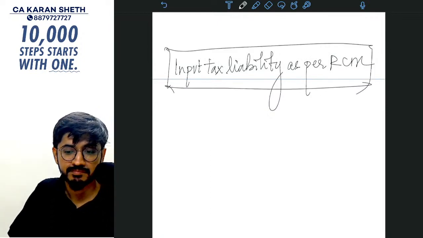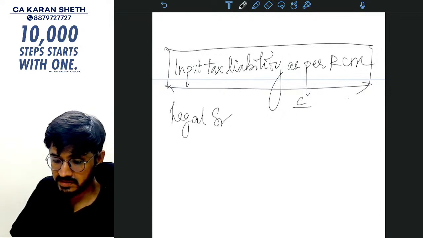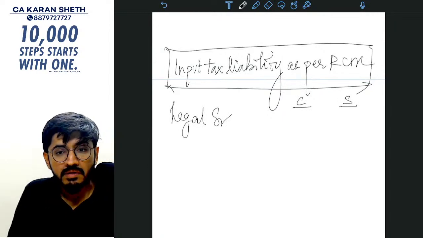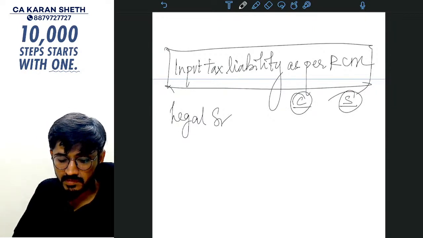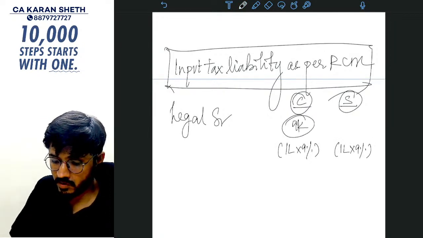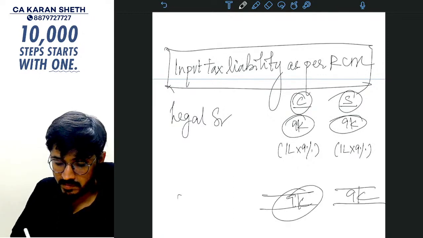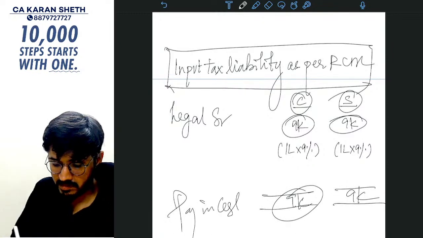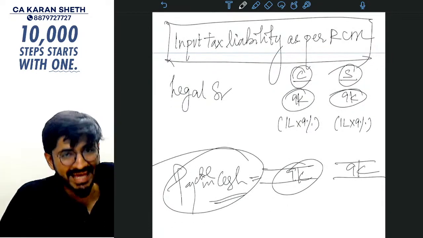As per RCM, legal service, CGST, SGST, 1 lakh, 9% of 1 lakh, 9,000, 9,000, payable in cash.